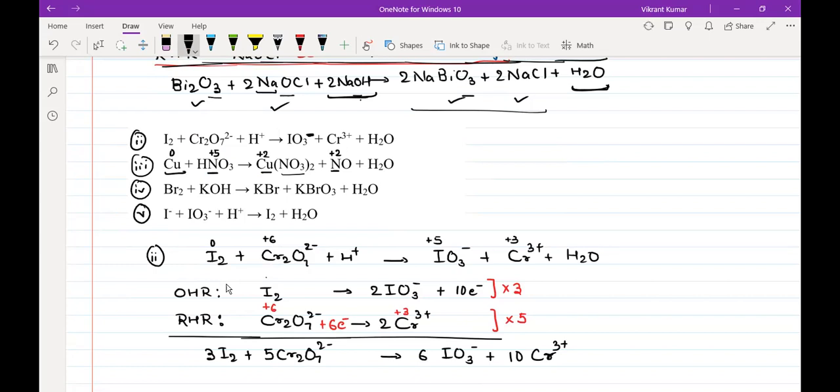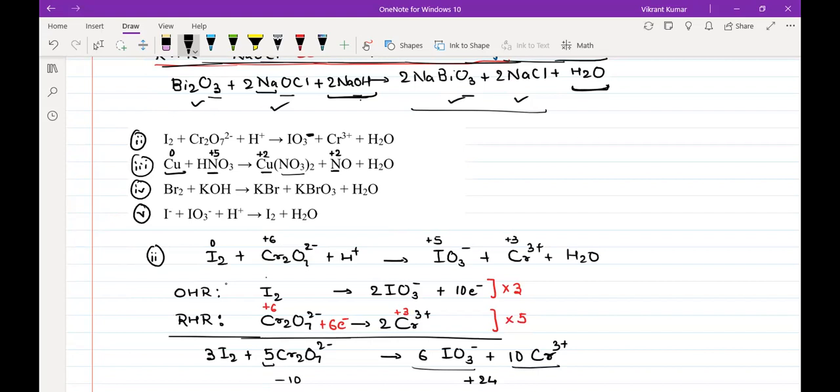Minus 2 per ion, 5 ions, so minus 10. And what is the total charge on the right side? Plus 24, because this is giving you 30 and this is giving you minus 6. So plus 24. What is the gap? 34. Not 14, don't write 14.